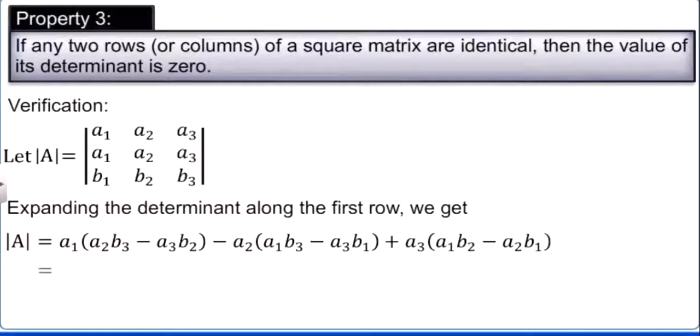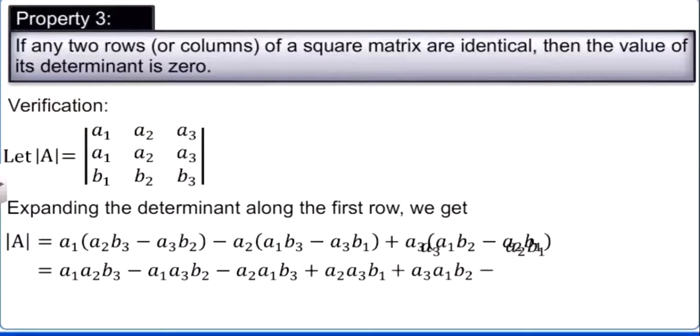On simplifying, we get the determinant of matrix A is equal to 0.